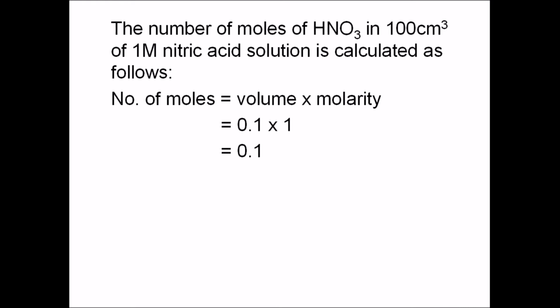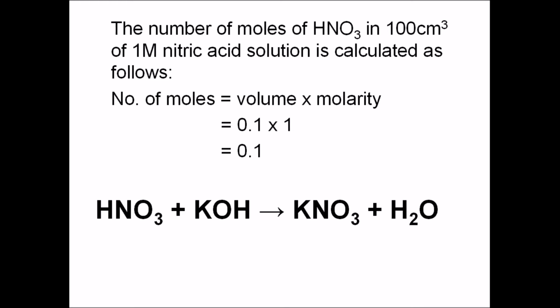Now to find the number of moles of HNO3 in the system, we use this formula. Volume in liters multiplied by the molarity is equal to the number of moles. We have 0.1 moles of HNO3 in the system.